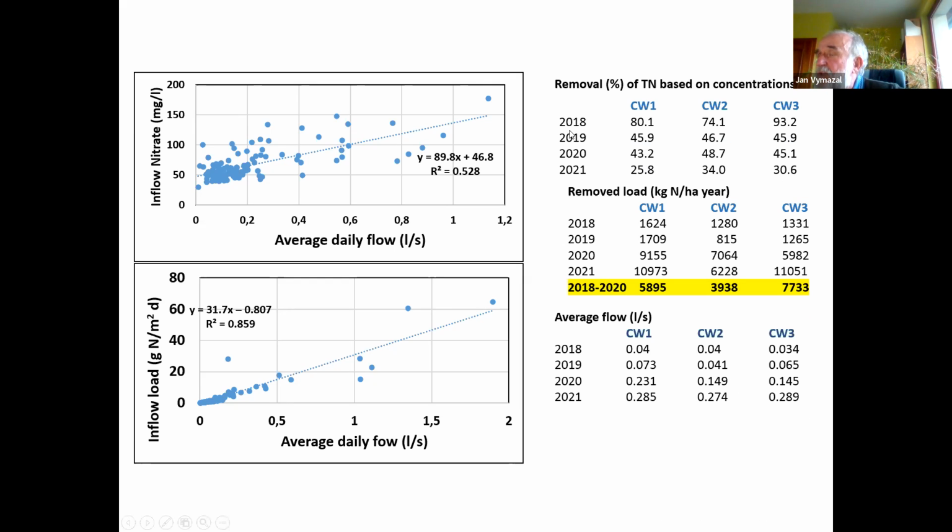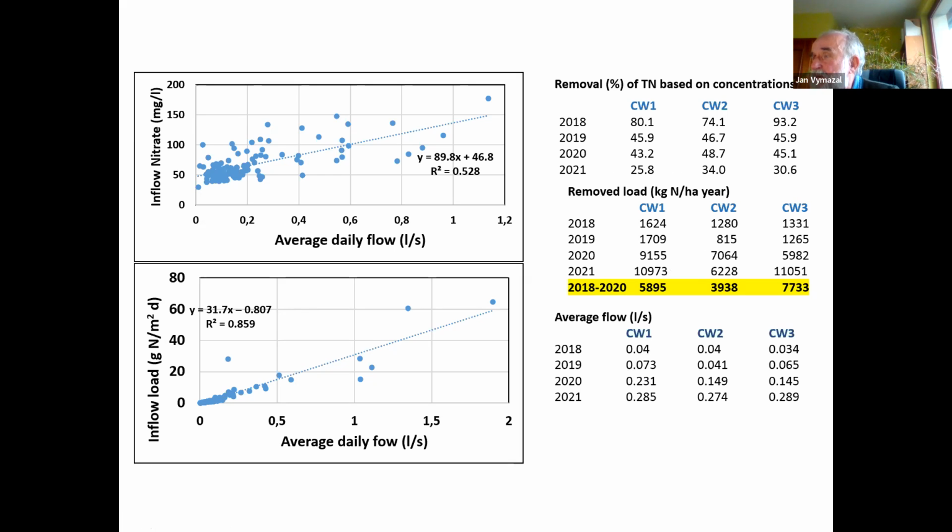So you see that in 2018, we have a very high removal percentage, from 75 to 93%. In 2021, it decreased to 30.6%. However, if you go to the bottom, you can see that in 2021 the flow was about 7-8 times higher, which resulted in much higher removal of the load, because we went from 1600 to 100 and 900.